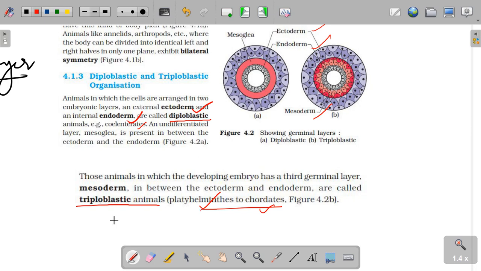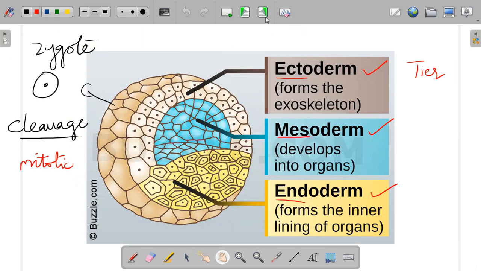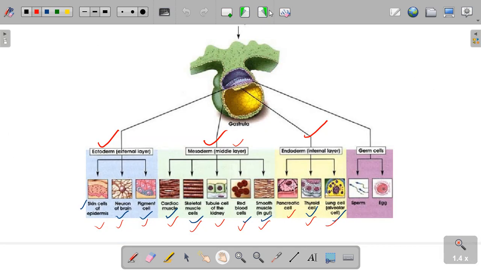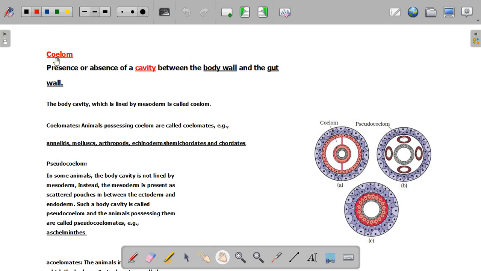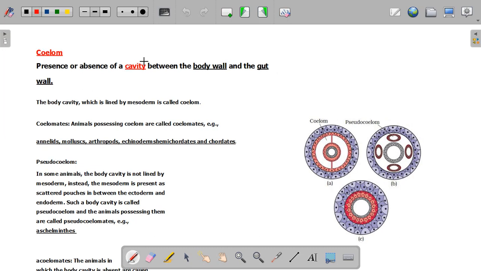The criteria used to divide the animal kingdom. Here, there is one thing called coelom. Coelom means having a body cavity. Coelom is nothing but cavity, and we already know that cavity means an empty space.